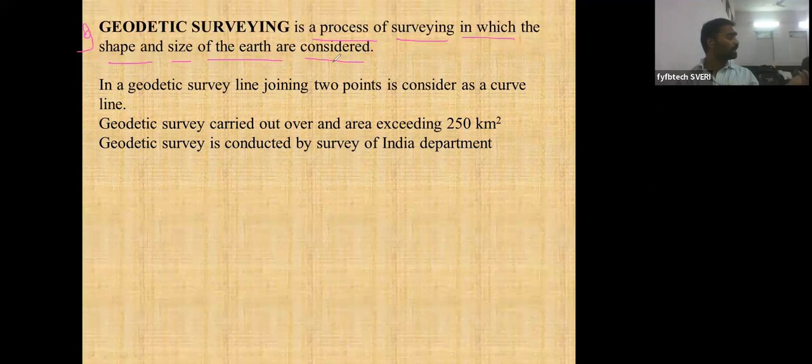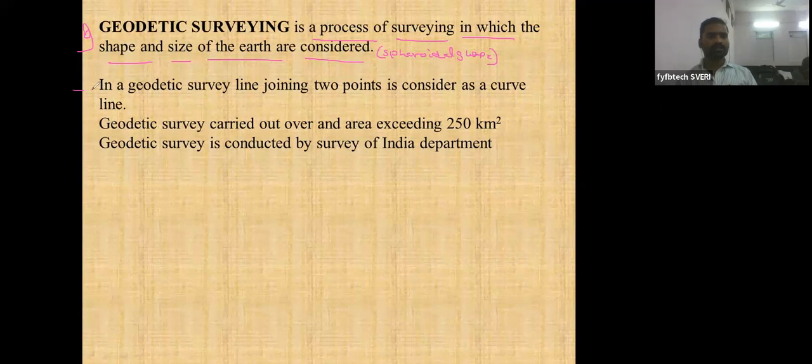What is the shape of earth? It means spheroidal shape. In brackets you can write spheroidal shape. Yes, shape means curvature. Spheroidal shape is considered.